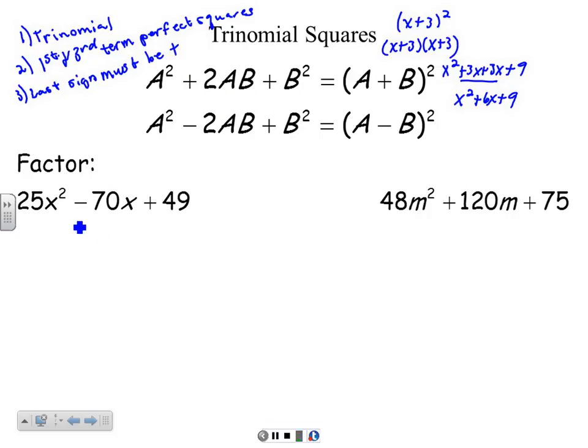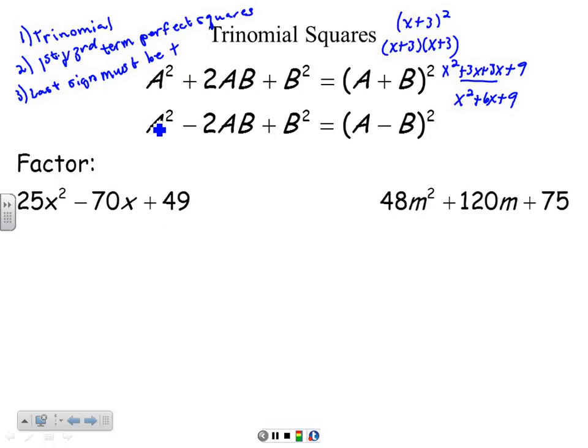Alright, so let's look here. We have a trinomial. The first term, 25x squared, I can take the square root of and get 5x. The last term, I can take the square root of 49 and get 7. And that last sign is plus. So this is going to be my pattern. What do you do when you have this pattern?